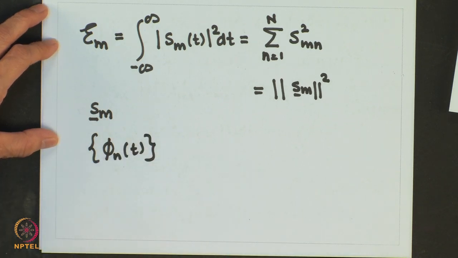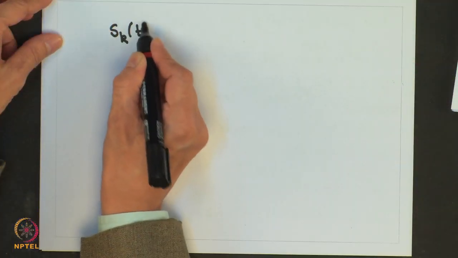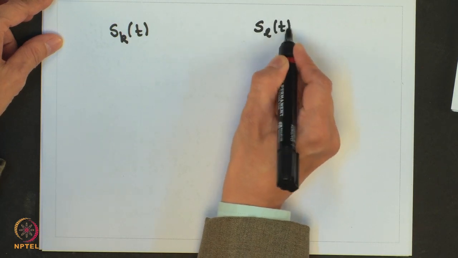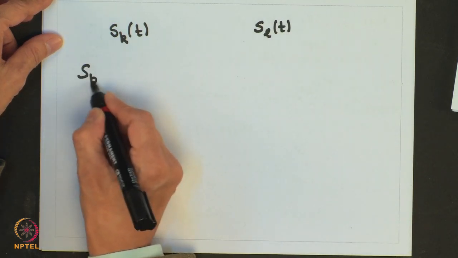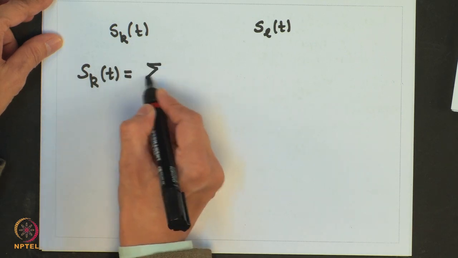So, thus any signal can be represented geometrically as a point in the signal space spanned by the orthonormal functions phi n(t), correct. Now, for such a case, if you have two signals in this space, let us say s_k(t) and s_l(t), correct. Now, both of these signals can be represented in terms of orthonormal functions as follows.